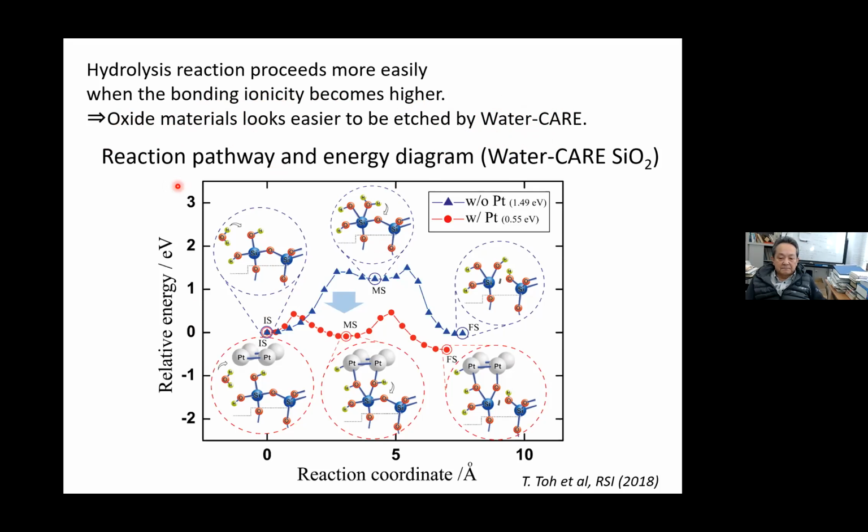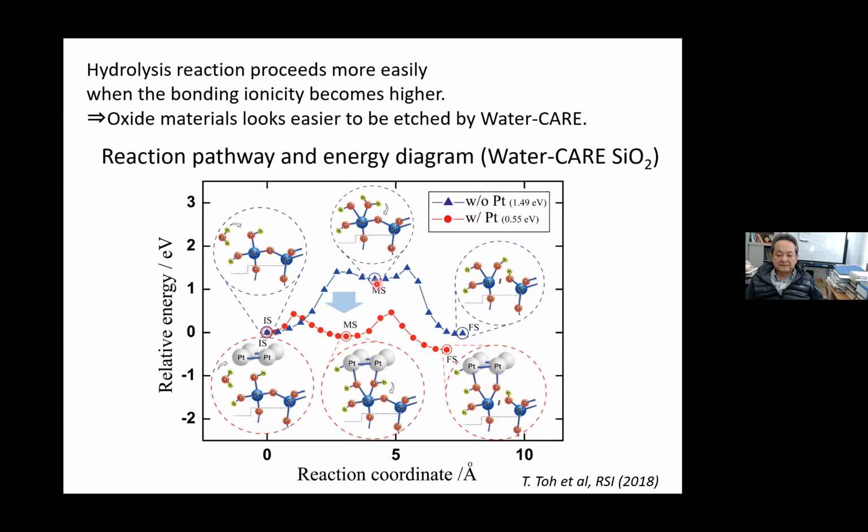And this is a reaction pathway and energy diagram, as you can see here. In this case, the red line is the energy diagram from the initial state to the final state. The activation energy is low enough to proceed under room temperature. But in the case of no platinum, even in the case of silicon dioxide, the activation energy was very high.